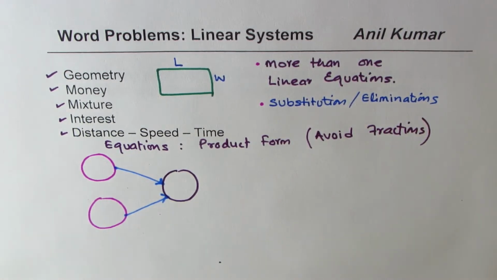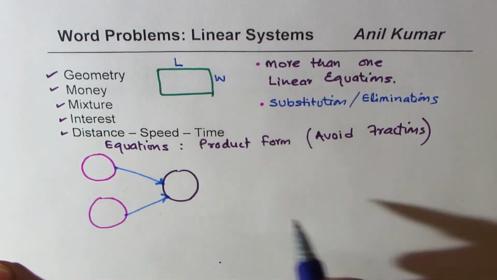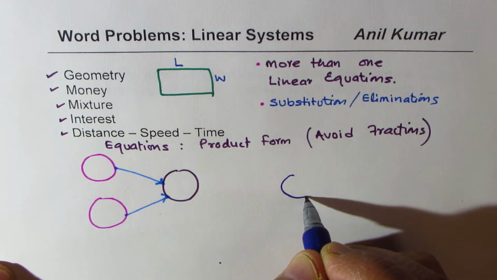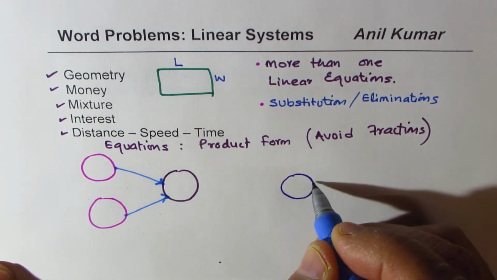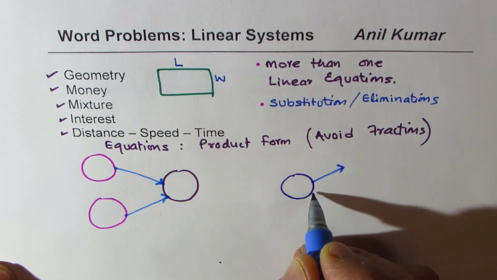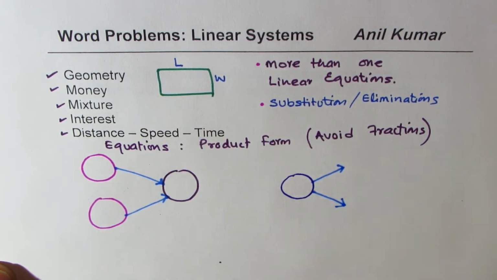Right? So if we have a situation which is kind of interest, we could have something here. That amount in dollars could be invested in two or more areas.